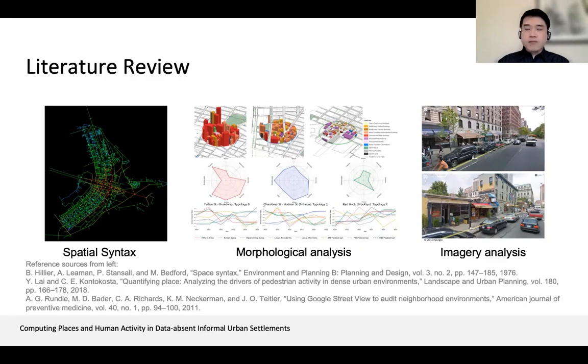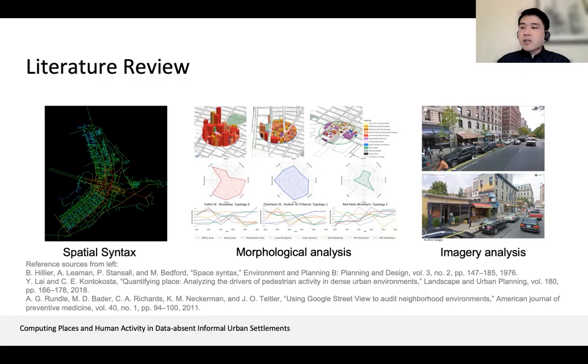And this can reveal how, based on different locations, places can create different perceptions involving walkability and accessibility for pedestrians and bicycle users as well.